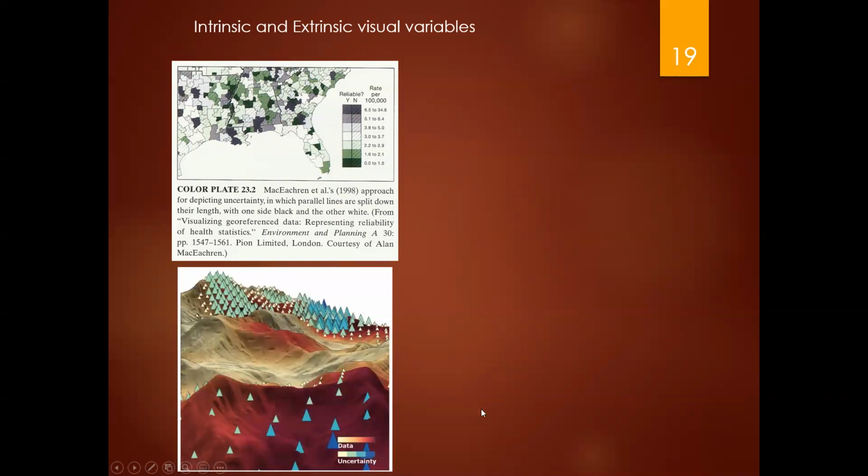So here is a 3D geovisualization of a mountainous area. Obviously, the surface and the different hues on the surface are representing something. Not very sure of the specific variable here, but you can say this surface is the main character.